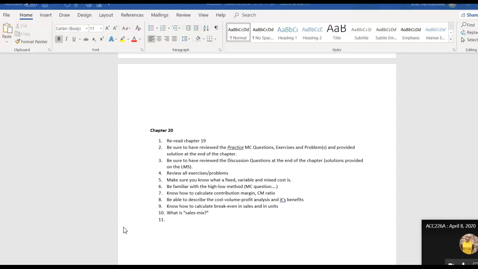Total variable costs will change based on volume. But the variable cost per unit does not change. Let's think about that for a moment. When we were looking at the contribution margin, sales minus variable costs equals contribution margin. That does not change by unit.